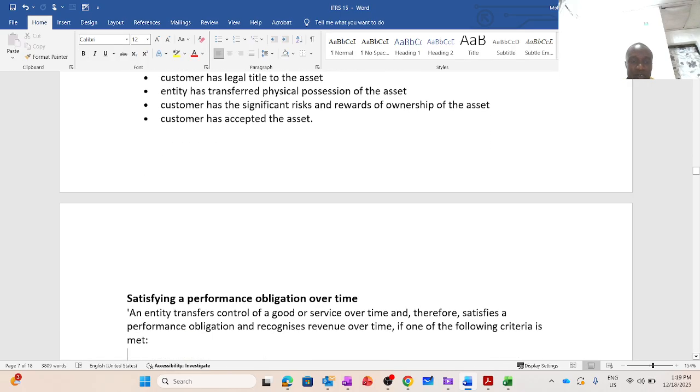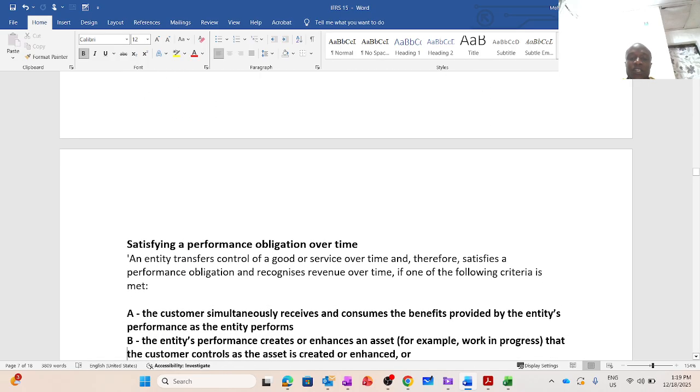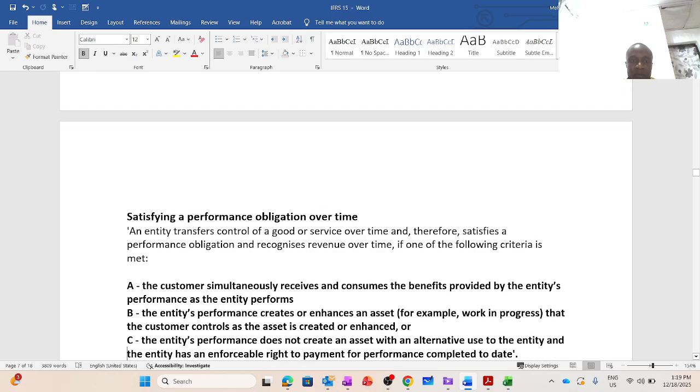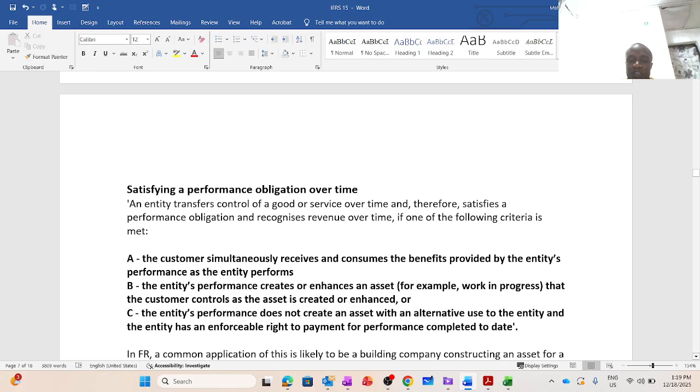Now, the second condition: satisfying the performance obligation over time. If the performance obligation is not at a particular point in time, it's over a period of time. For example, I was mentioning the sale of the computer as well as the provision of one year support service.